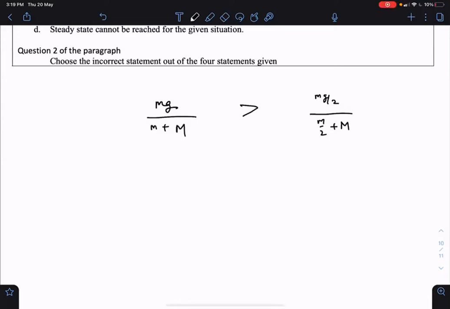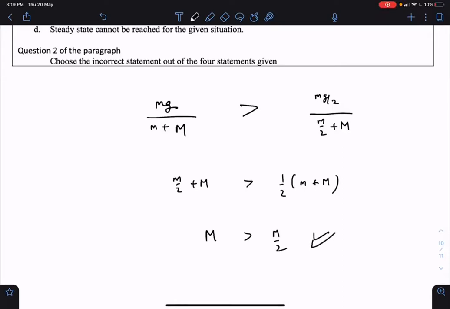So maybe we need to check actually here. If we assume that one is greater than the other, then we can say that m by 2 plus m should be greater than half of m plus m, which means m should be greater than m by 2, which is always true.